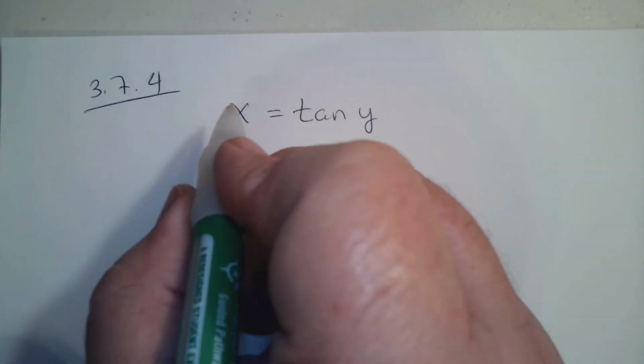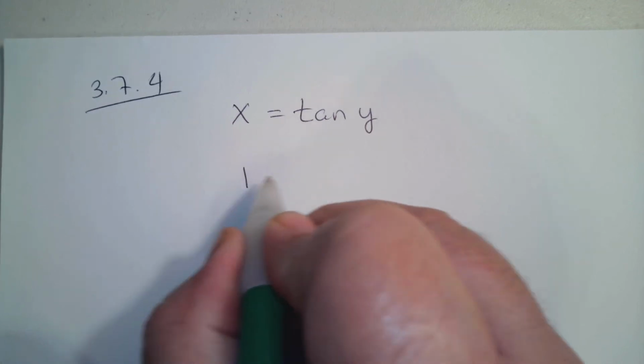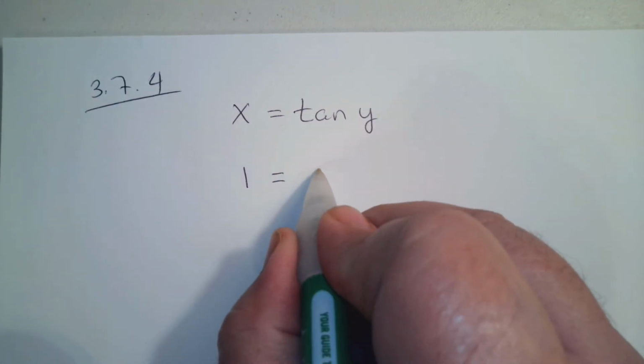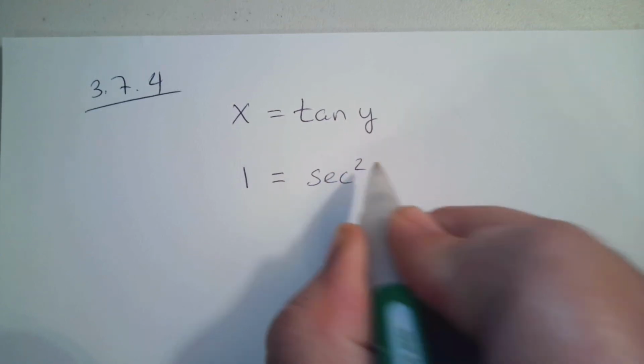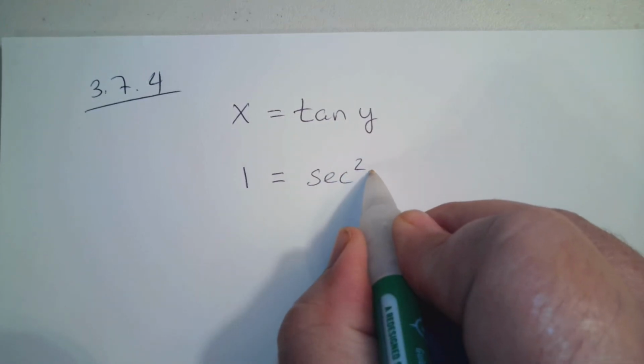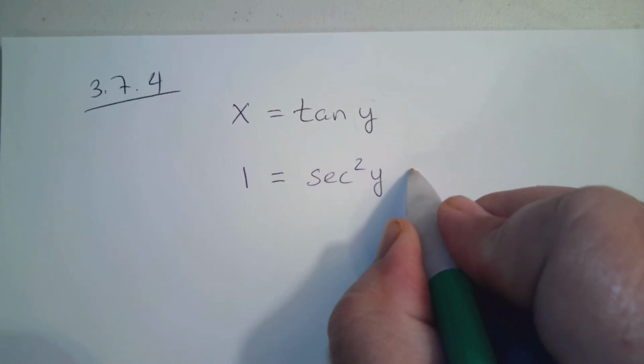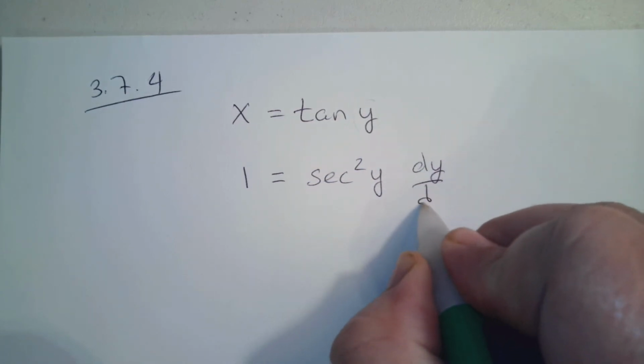So take derivative of both sides. Derivative of x is 1. Derivative of tangent is secant squared times the derivative of the inside, which is 1 dy dx.